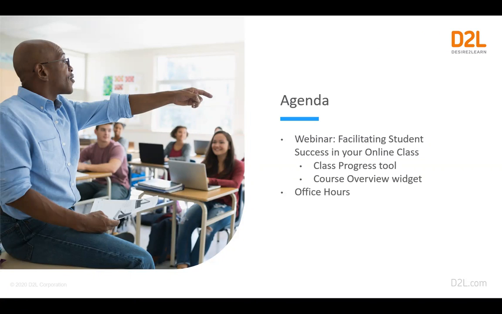And then the last 30 minutes or so is going to be office hours where you'll be able to submit your questions through our Q&A box, which I'll cover in just a moment when we get to our housekeeping items. I have another D2Ler on the line with me, Josh, who will be here to support me in helping to answer some of your questions.